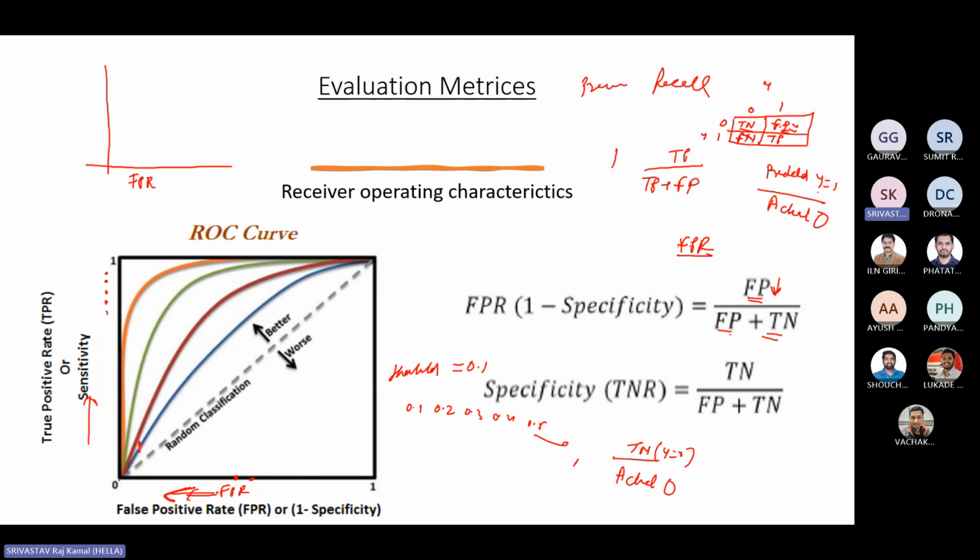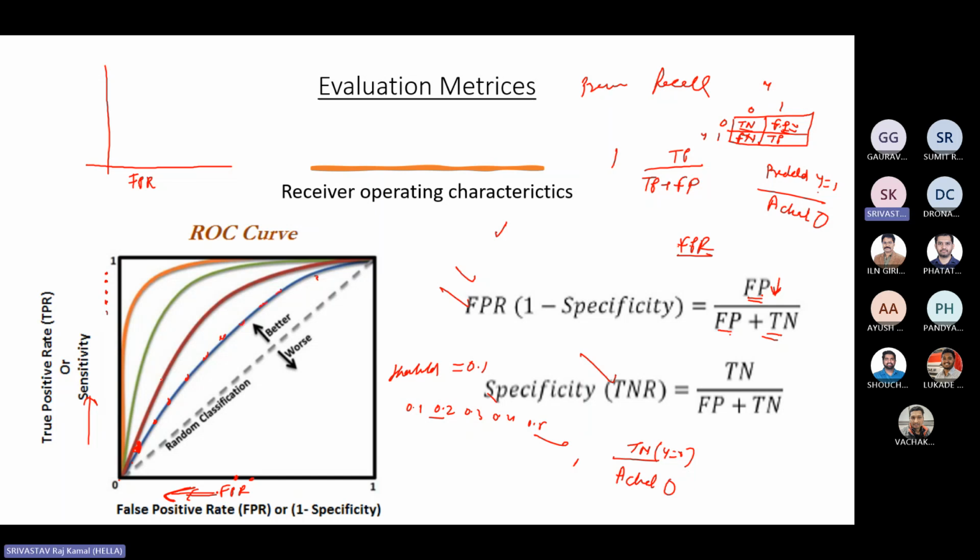At threshold 0.1, we calculate these two numbers and plot the point. Then we choose threshold 0.2, calculate the false positive rate and the other number, and put them here. This way we derive all the points, right?